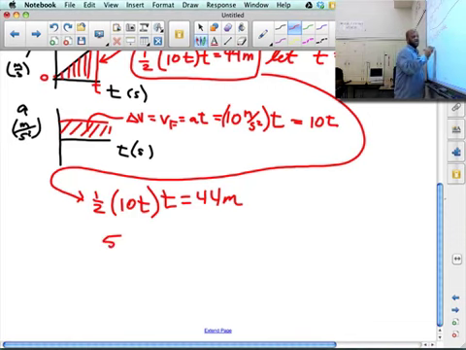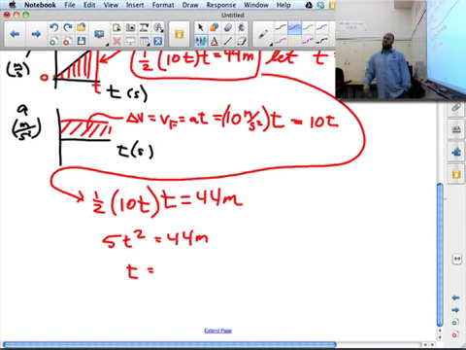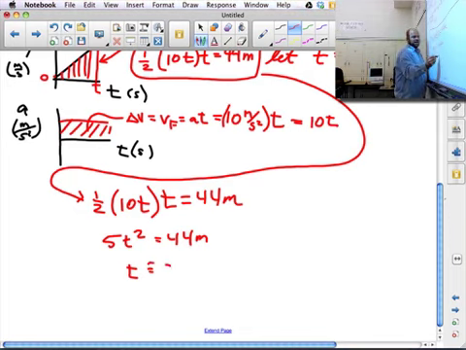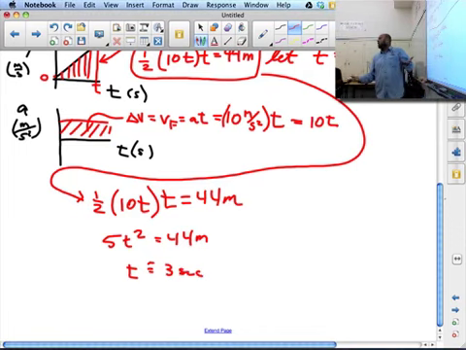We got 5t squared equals 44 meters. And you can play the algebra game on your own. What's t? Help me. Somebody's done this, I bet. I mean, look, it's almost 9. It's about 3 seconds, roughly, right? I mean, 44, let's pretend it's 45.